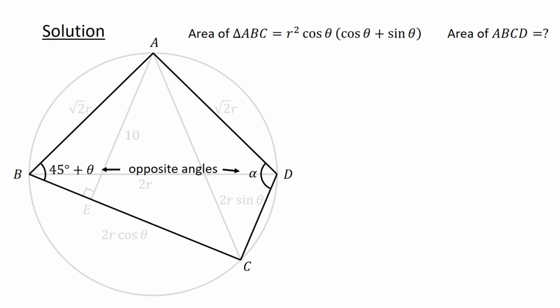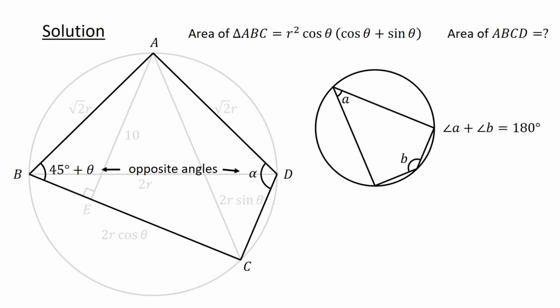Angle ABC and alpha are opposite angles. Recall that opposite angles in a cyclic quadrilateral are supplementary, that is, they add to 180 degrees. Therefore, alpha plus 45 degrees plus theta equals 180 degrees. So alpha equals 135 degrees minus theta.